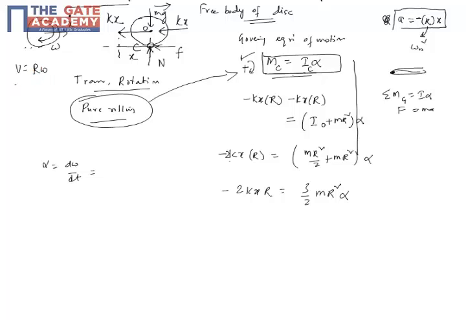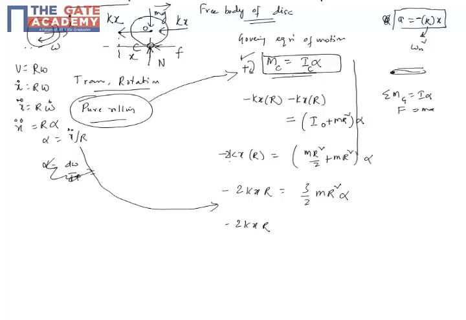So v is equal to r omega, so x dot is r omega, and alpha is d omega by dt. If you differentiate another time, r omega dot is nothing but x double dot, so I can replace alpha as x double dot by r. This comes from the assumption that it's pure rolling.